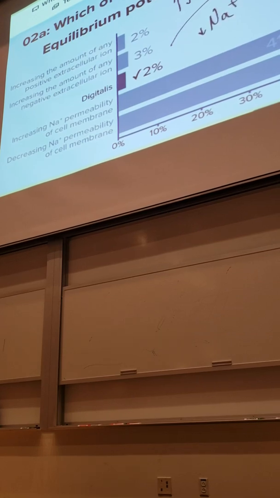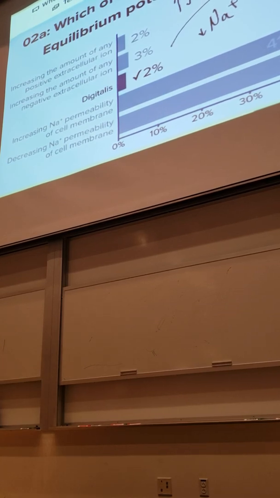So what would we need to do to lower the equilibrium potential? What do we need to do to those concentrations? Do we need to make that difference bigger or smaller? We need to make the effect smaller, and we can do that in different ways. We could make the outside less concentrated, the inside more concentrated.